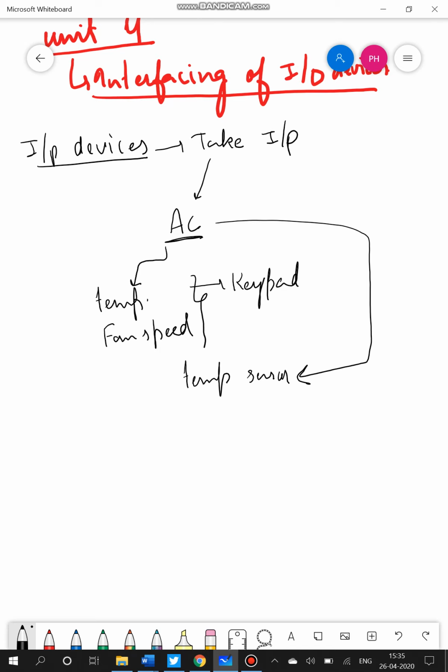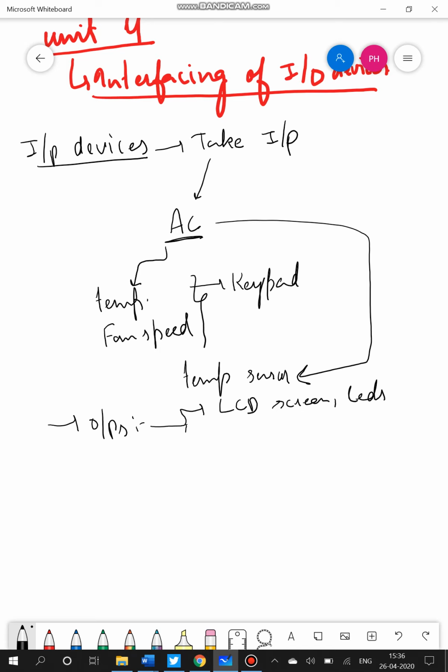Similarly, the output devices of an AC are also of two types. One is where the messages are displayed, maybe a small LCD screen, or LEDs which blink or don't blink according to different inputs.